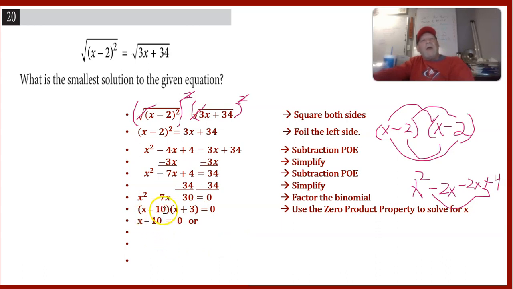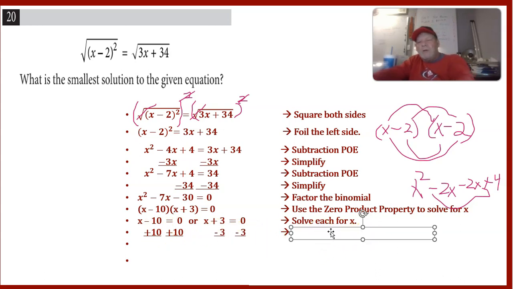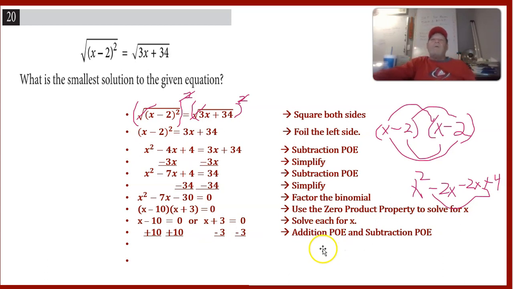So I know that either x minus 10 equals 0 or my x plus 3 equals 0. That's what the zero property means. And now I'm going to solve each for x. So I'm going to add 10 to both sides here. Subtract 3 from both sides here. Solving those one-step equations.